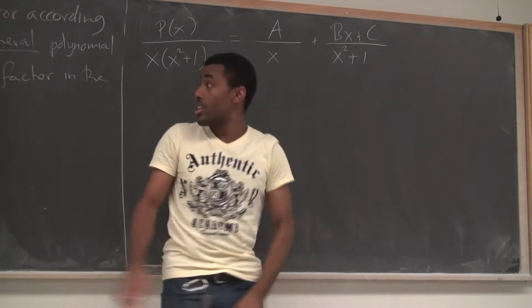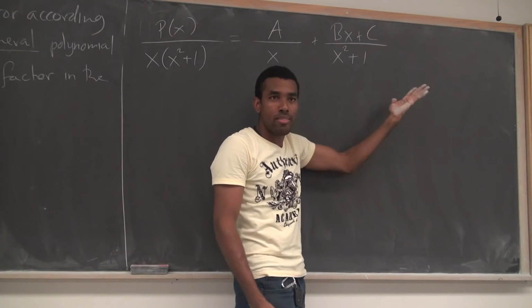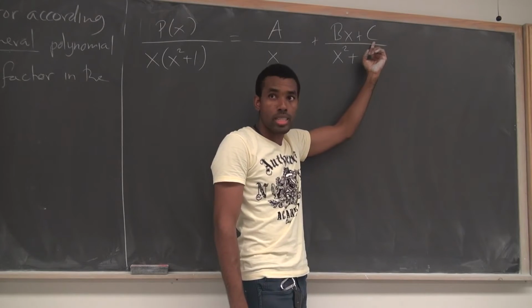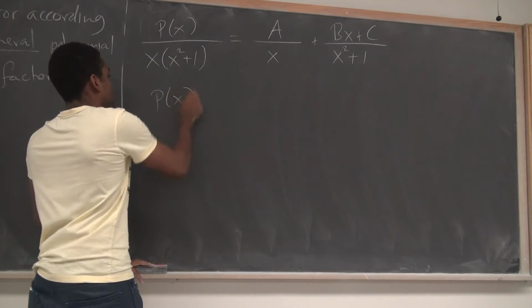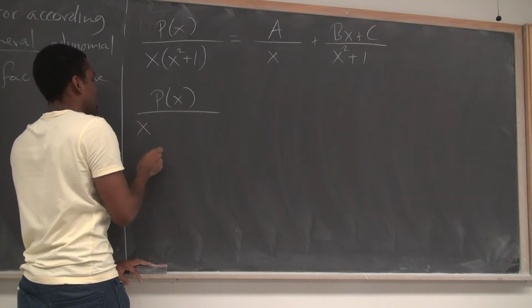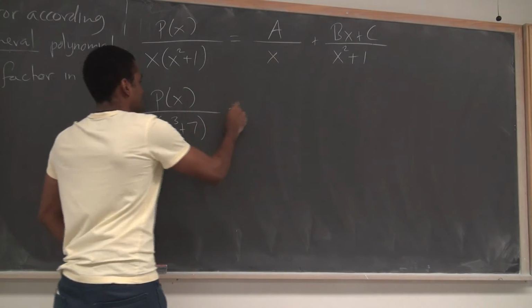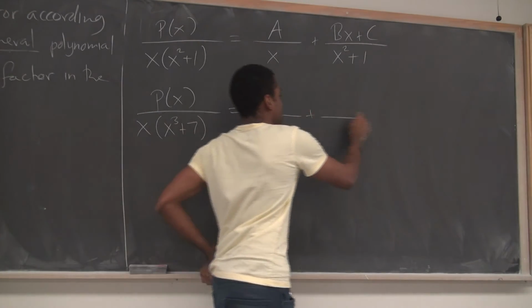A degree 1 polynomial means it has to have an x to the first power and a constant. And remember, I write the general polynomial. So don't just write Bx. You need to have the C. The C doesn't have to be 0. It can actually be a number. So you write the general polynomial. Another example. How would I break that one up? x here.